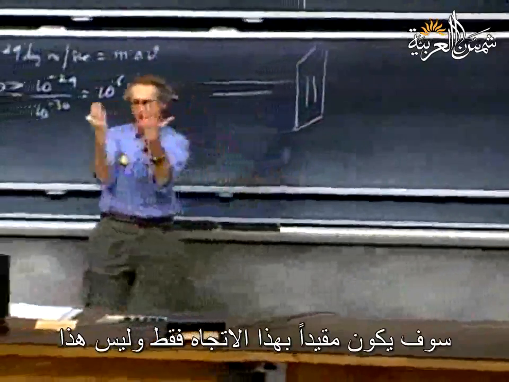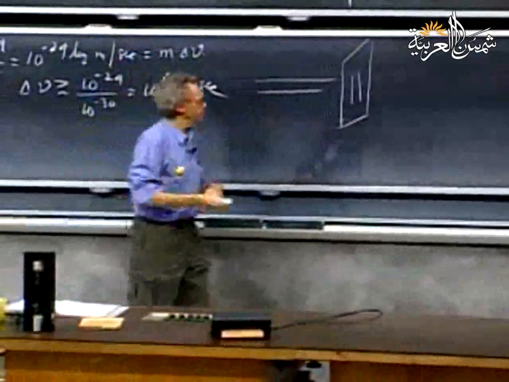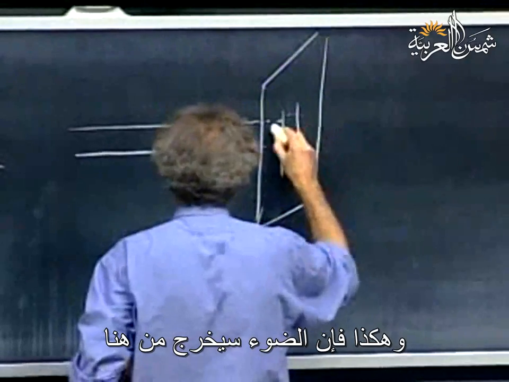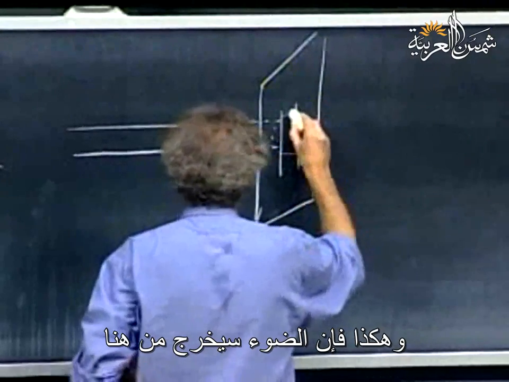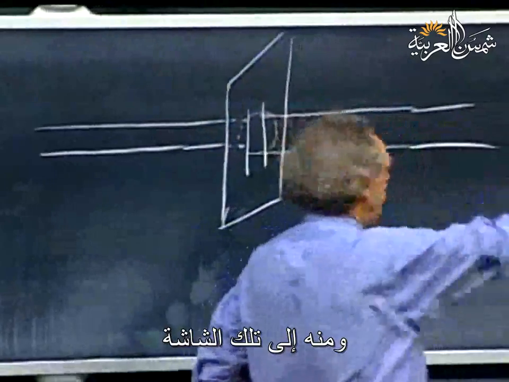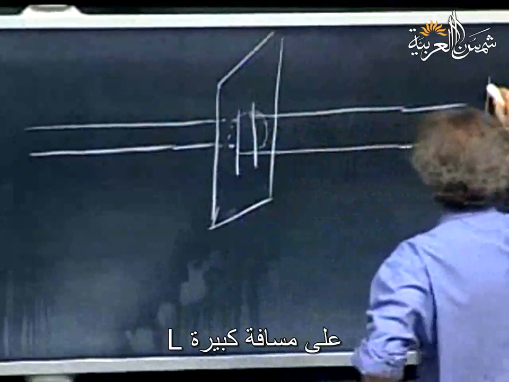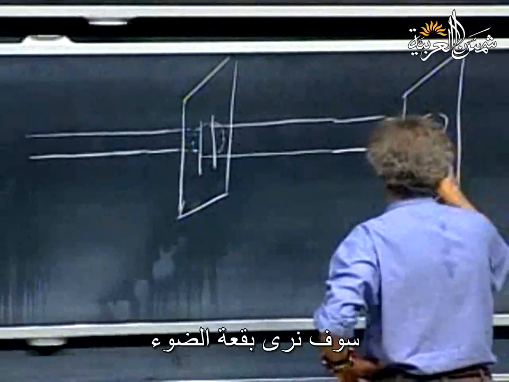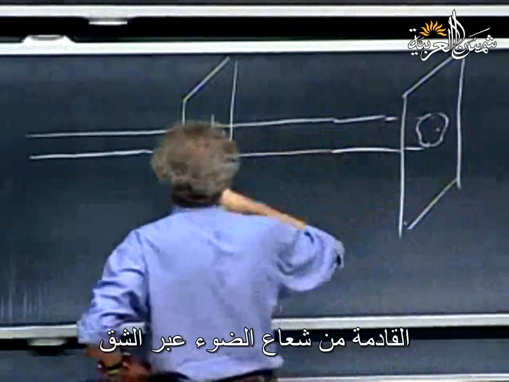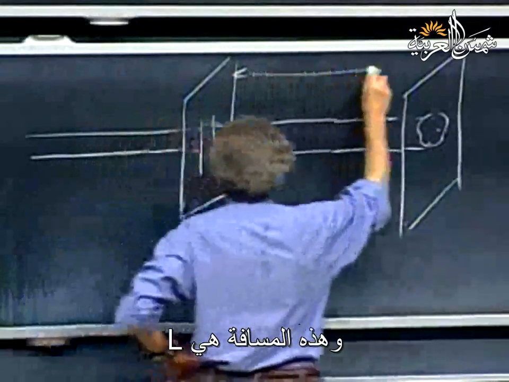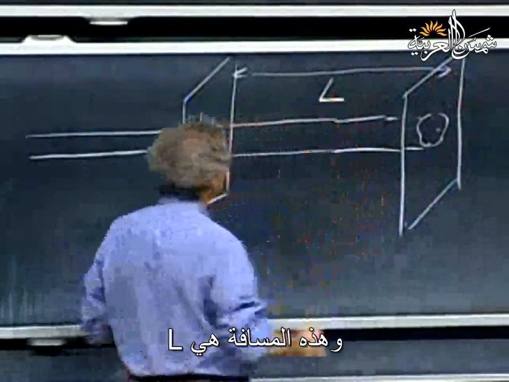It's only going to be confined in this direction, not in this direction. And so the light will come out here, and then on a screen, which is going to be that screen, the large distance, capital L, we're going to see that light spot due to the light beam going through the slit. And this separation, capital L.